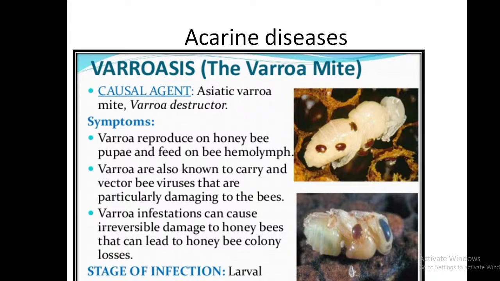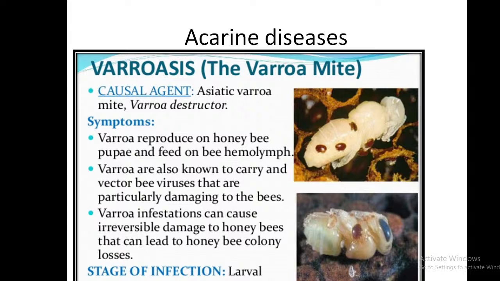Mites are small, tiny creatures like fleas. Acarine diseases in honeybees are caused by parasitic mites, and these are very common in the tropical region, where the disturbance caused by parasitic mites is greatest.